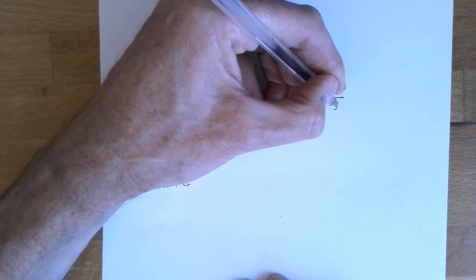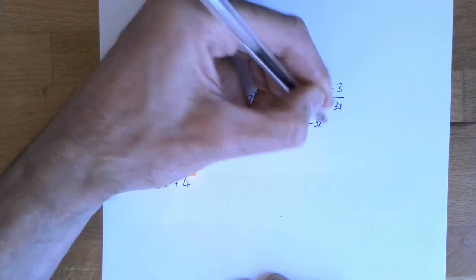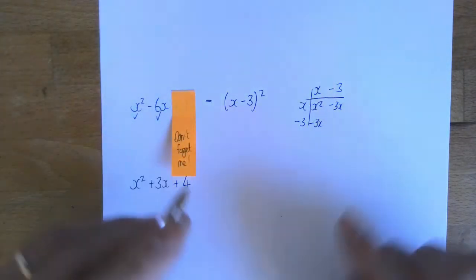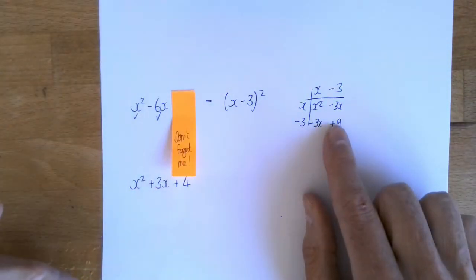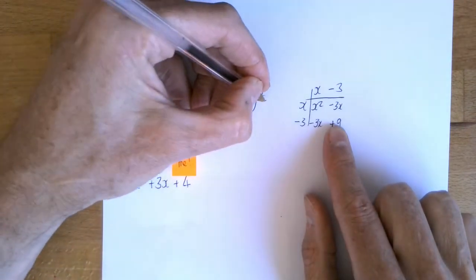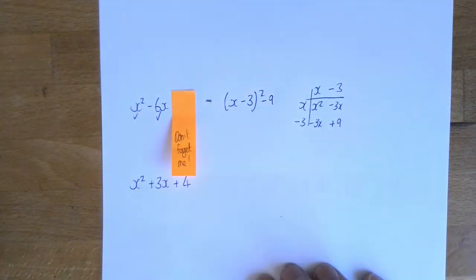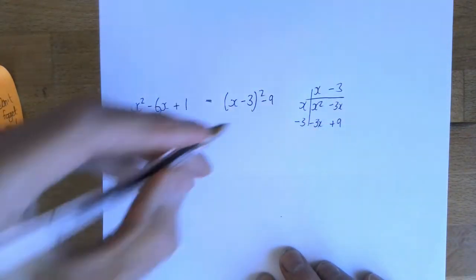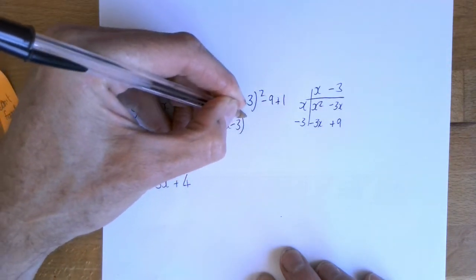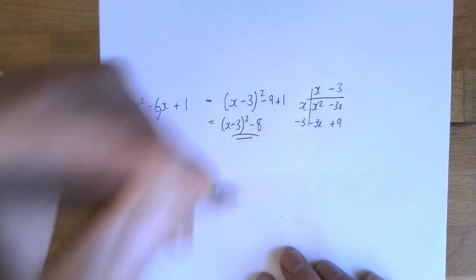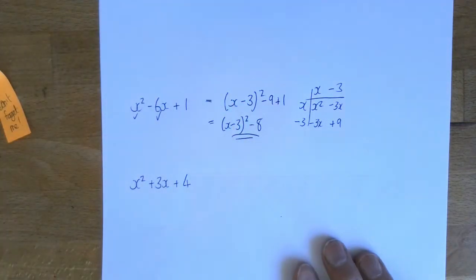I'd get minus 3x's and minus 3x's, which gives me minus 6x, tick. But be careful here, minus 3 times minus 3 is plus 9. I get a plus 9 that I haven't got here, so I need to take that away. And I've got a plus 1. Minus 9 plus 1 is minus 8. So that was the answer to that one.